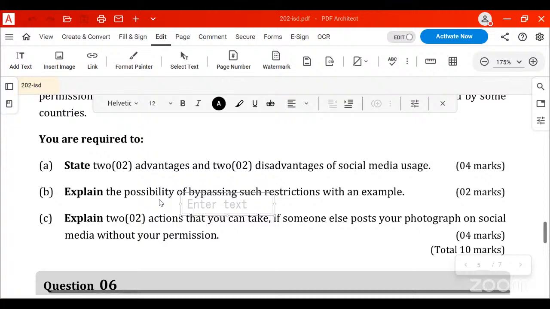A user in a country where Facebook is restricted can use a VPN to connect to a server in the USA, bypassing the local restrictions. 2 marks allocated for that. Mainly, that is the only way: we connect to another network where this social media is not banned, using a VPN, virtual private network.